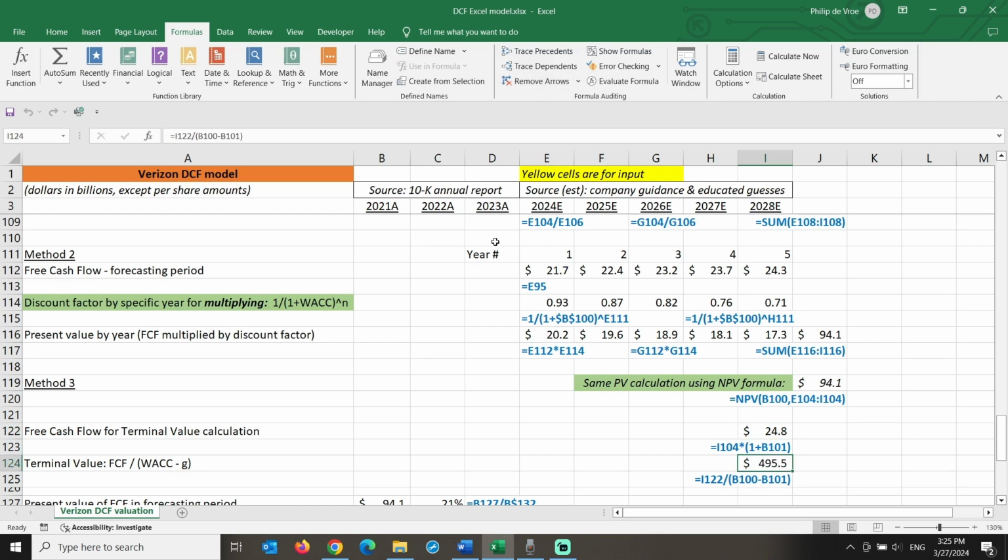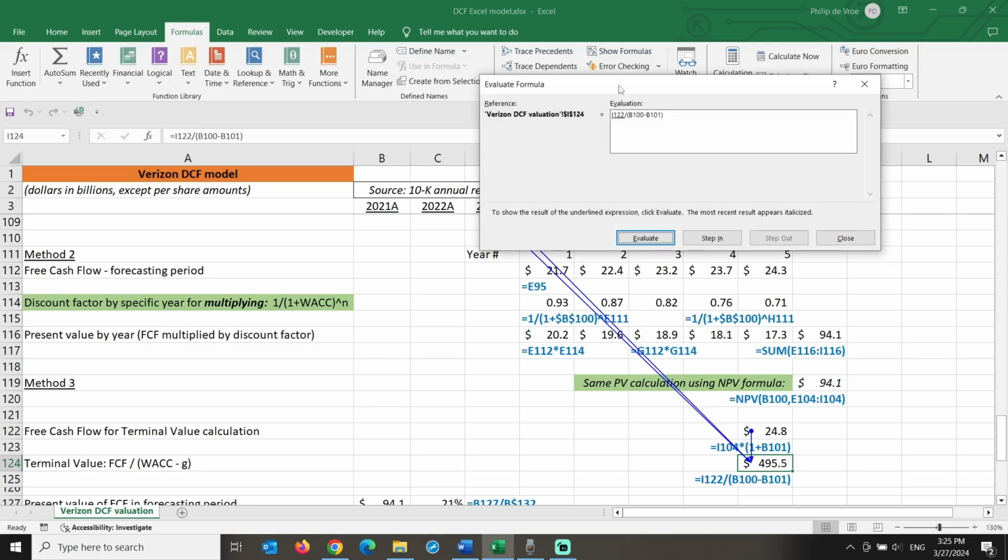To translate that single free cash flow number to the terminal value beyond year 5 all the way to eternity, you divide by the WACC minus the growth rate. In our case, $24.8 billion divided by, between brackets, 0.07 minus 0.02. The evaluate formula tool in Excel comes in handy to view the steps in the calculation.